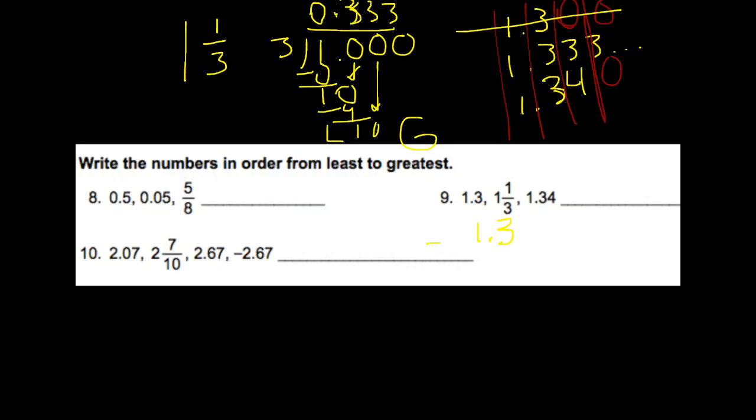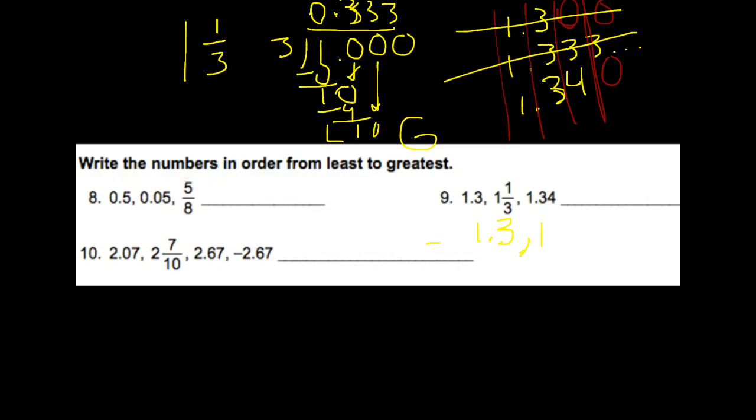Next, the 1s are the same in the ones place. The 3s are the same in the tenths place. But then in the hundredths I have a 3 and a 4. Since I'm going from least to greatest, I need to do the smaller one, which is 1 333 thousandths, but it keeps repeating.